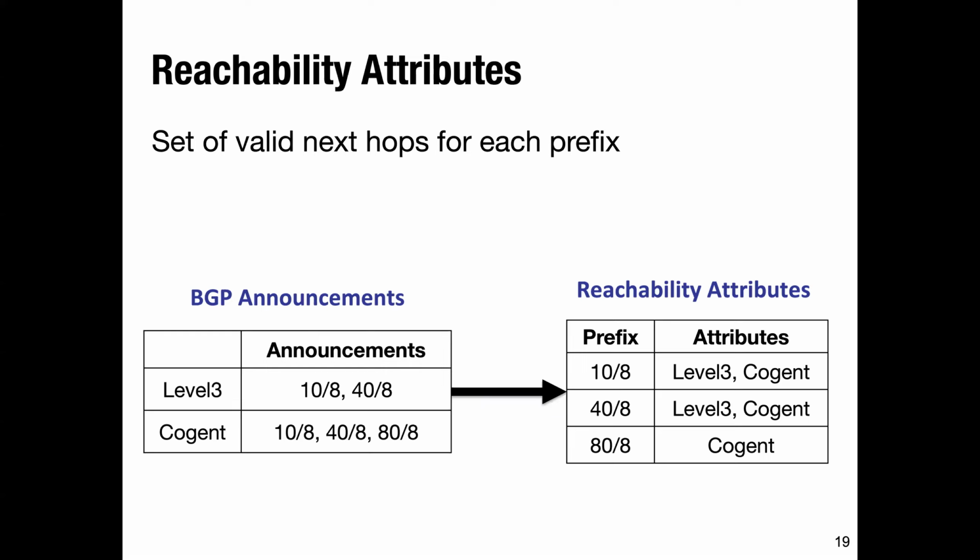Tell me what type of reachability attributes are discussed in the SDX paper, the paper that you read. How is it different from what we're discussing right now?